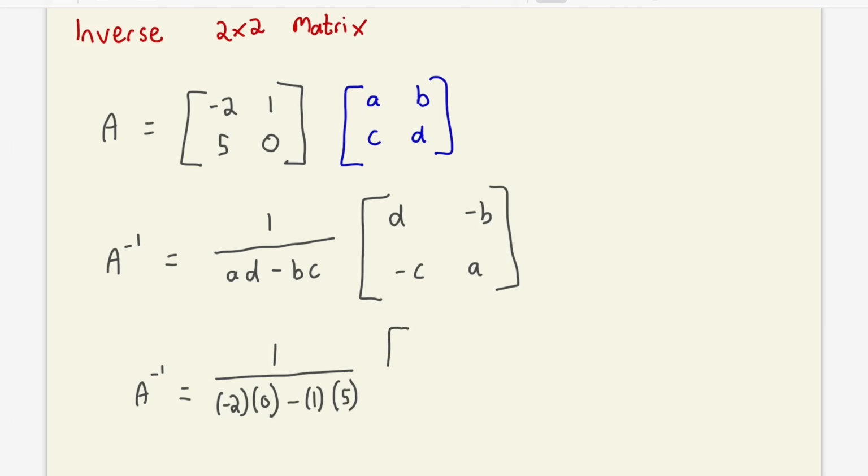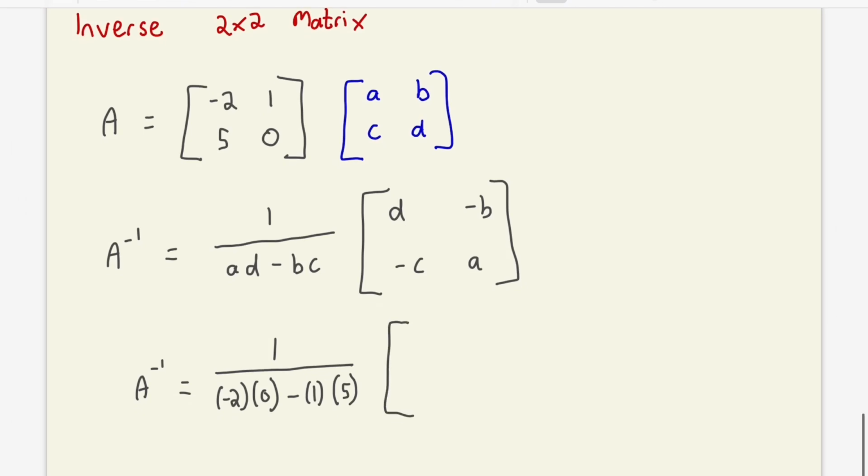And then we can fill in our values to our new matrix as well. So we're going to start off with D, which is 0. Then we have minus B, which is going to be -1. Then we have minus C, which is going to be -5. And then we have A, which is -2.